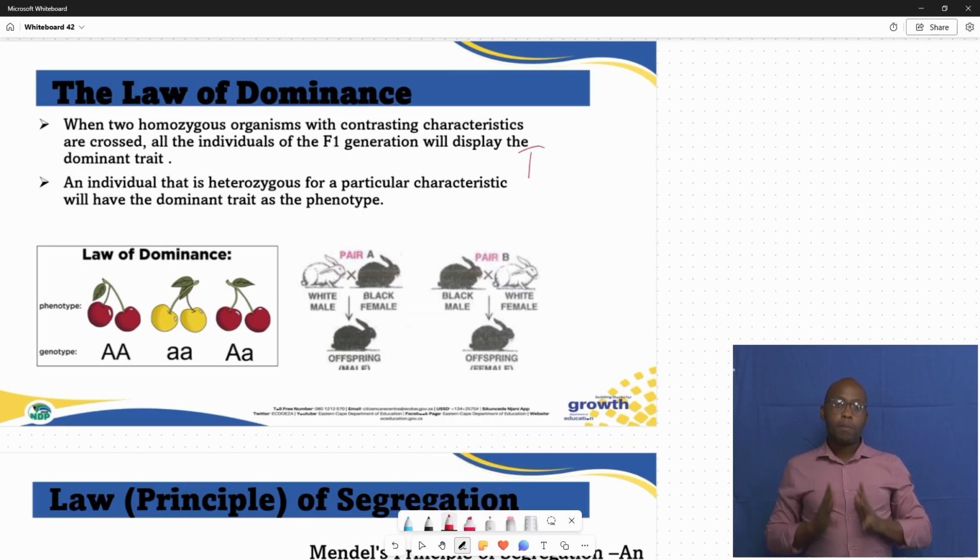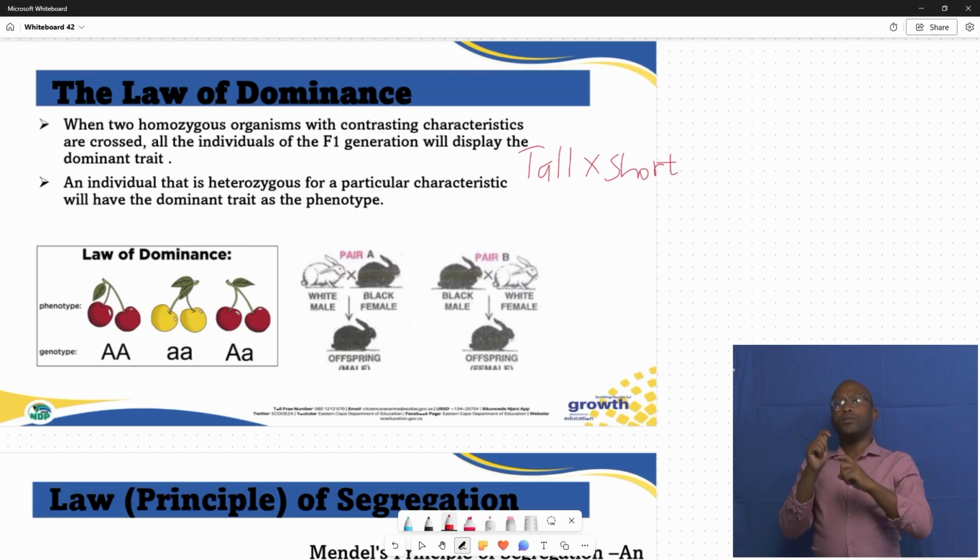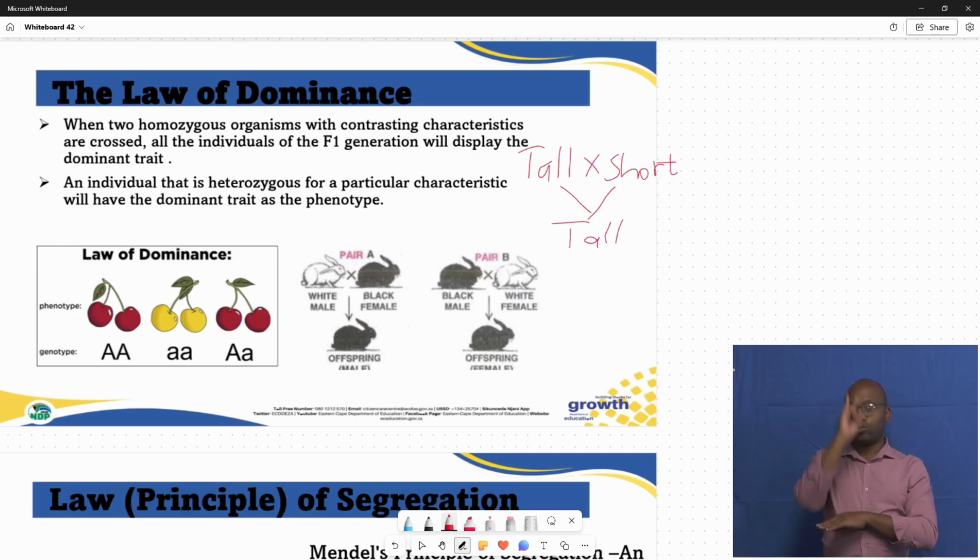If you have an organism that is homozygous tall, crossed with an organism that is homozygous short, because tall and short are contrasting, it means that all the individuals of the F1 generation will display the dominant trait, which is tall. Now, the second part of the law of dominance says an individual that is heterozygous for a particular characteristic will have the dominant trait as the phenotype.